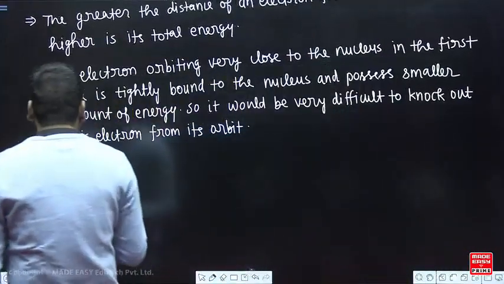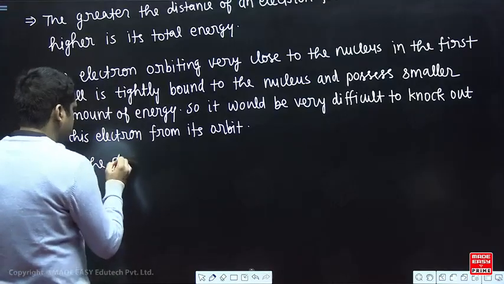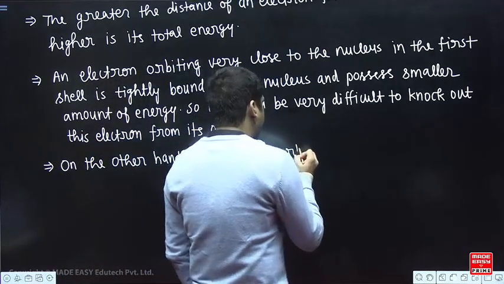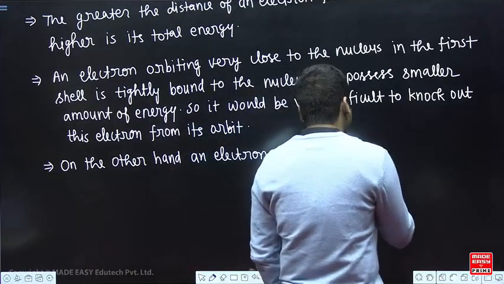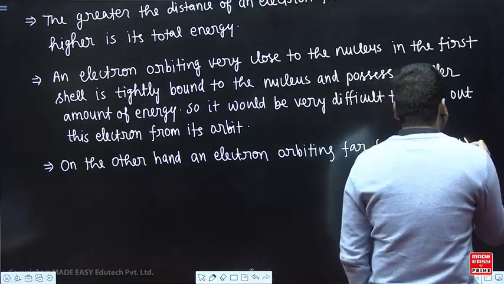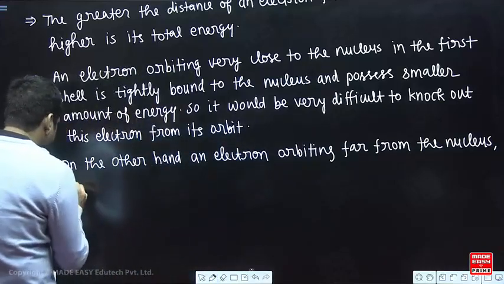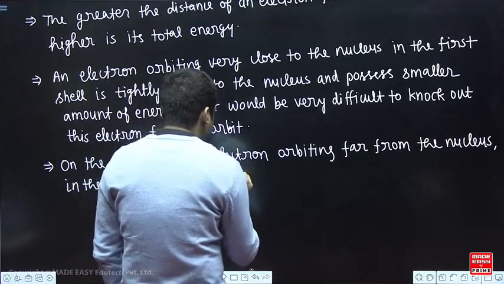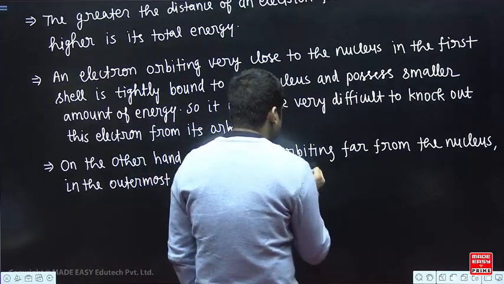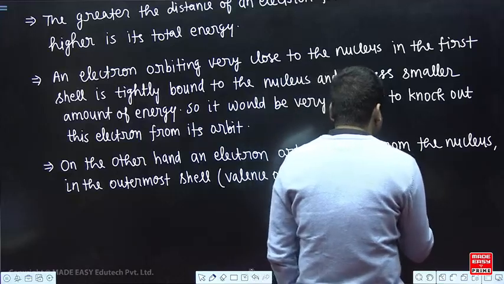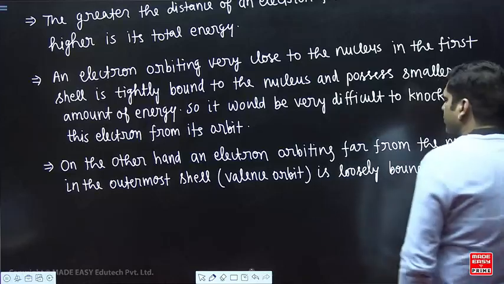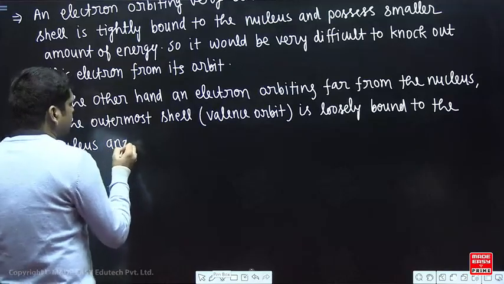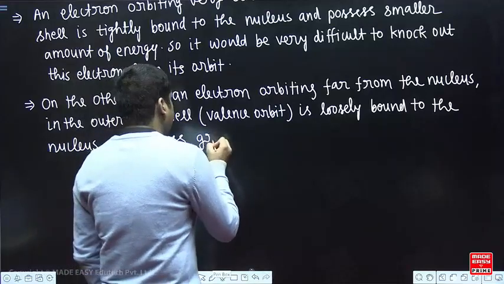On the other hand, an electron orbiting far from the nucleus, in the outermost shell, that is valence orbit, is loosely bound to the nucleus and possesses a greater amount of energy.